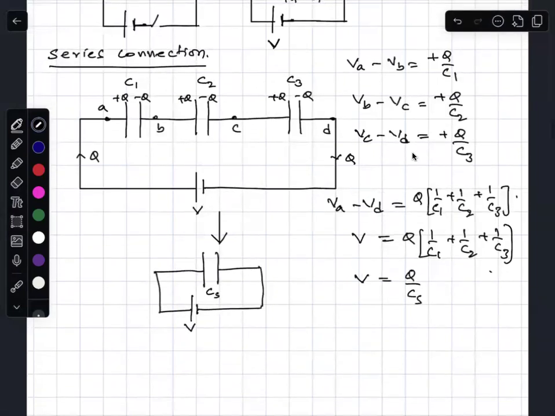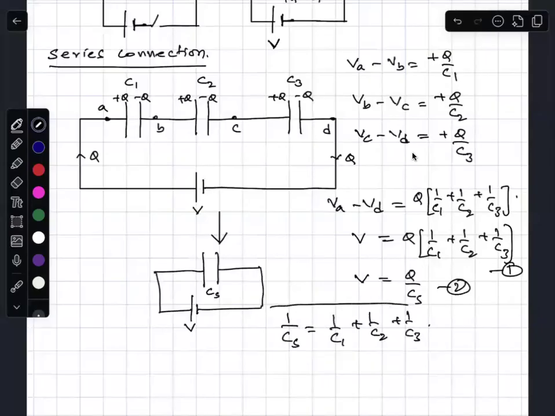Right. So this is equation 1 and this is equation 2. So comparing, I can write the series equivalent as 1 by CS equals 1 by C1 plus 1 by C2 plus 1 by C3.